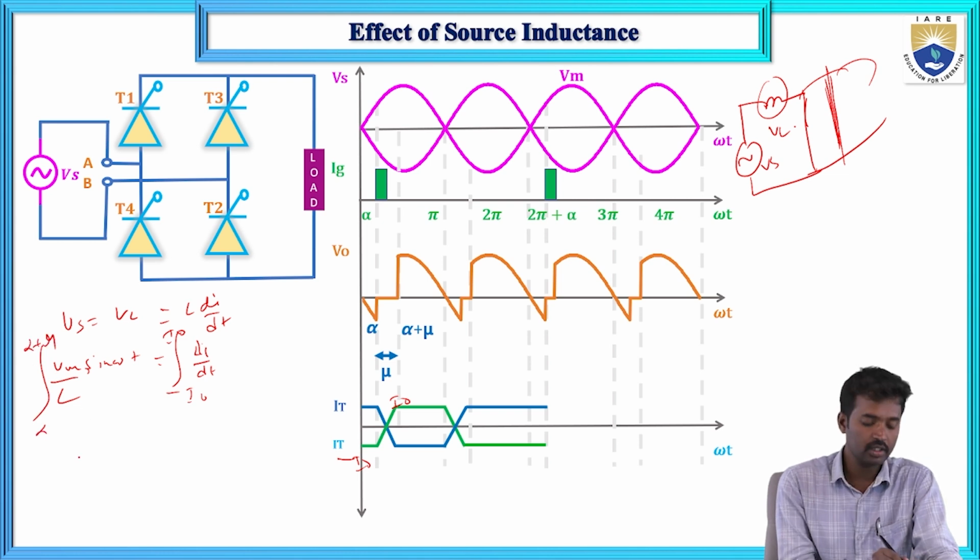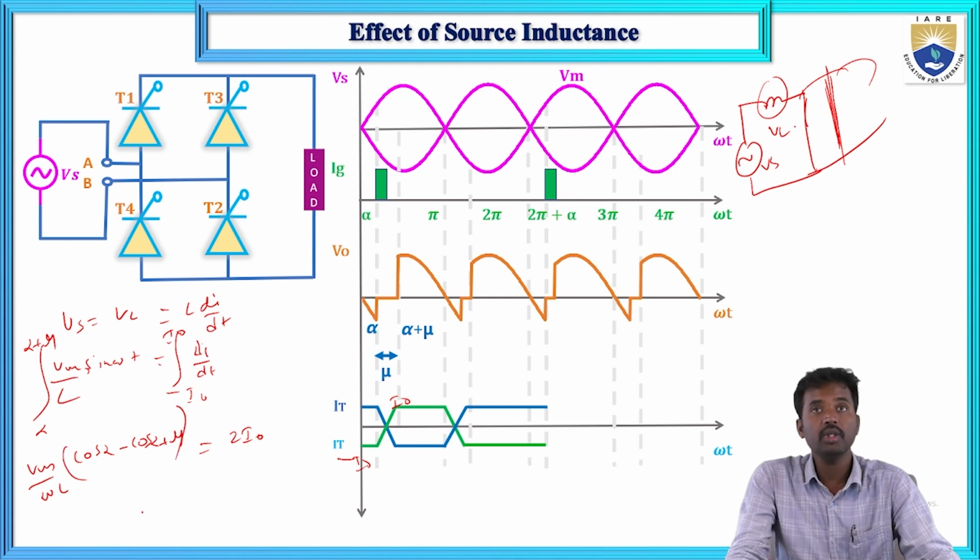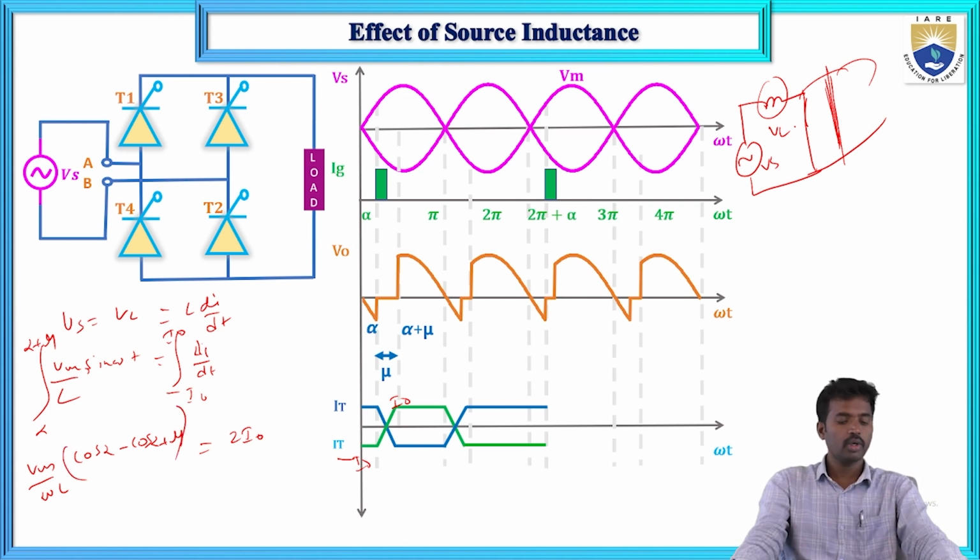So now here this equals, this is alpha to I naught, this one equals minus Vm by omega L cos alpha minus cos alpha plus mu. So this is the equation. So now here, what about this one?